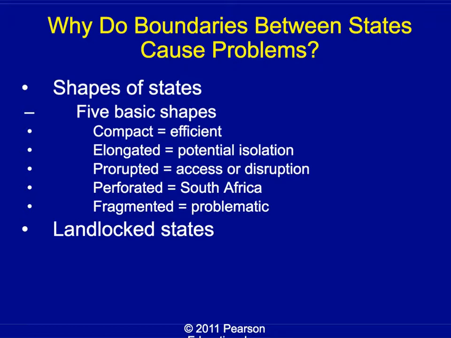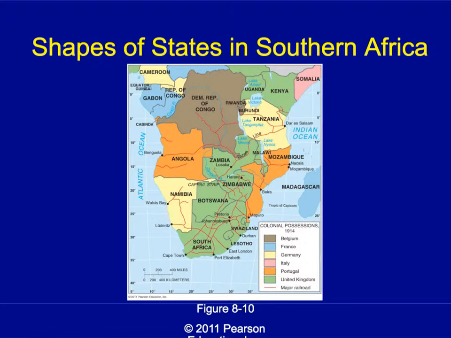Another is a perforated state. Perforated means there's a country and it's got a hole in it. The biggest and most well-known is the country of South Africa. If you saw the map, which I'm going to forward to, you see the country of South Africa, and you can notice that there are 2 countries that look like they're poking a hole in it.